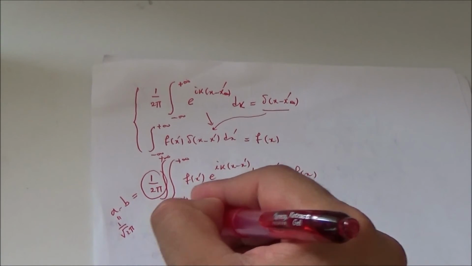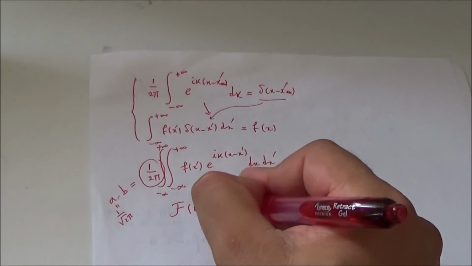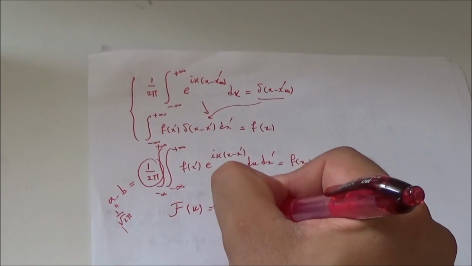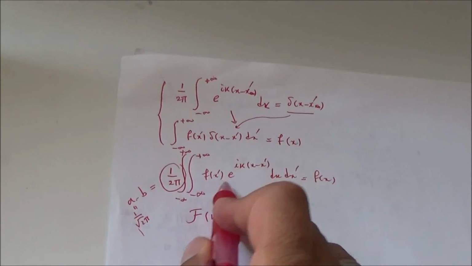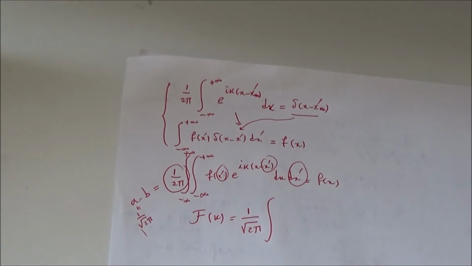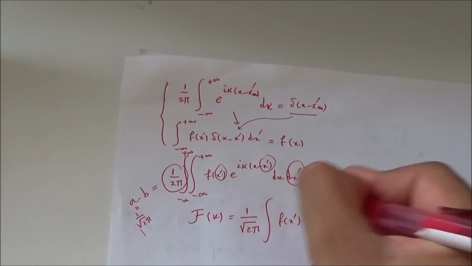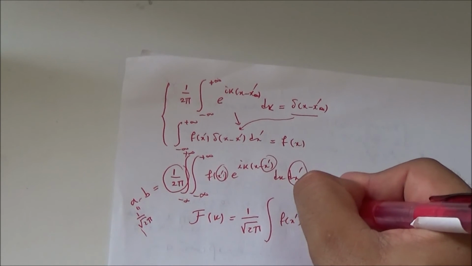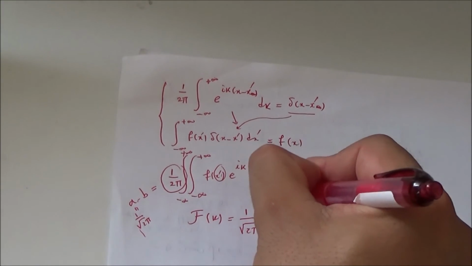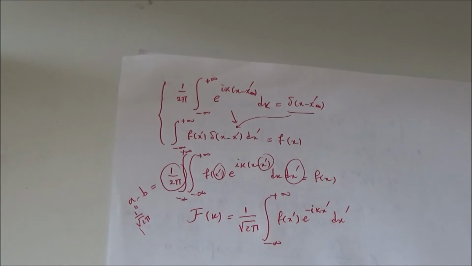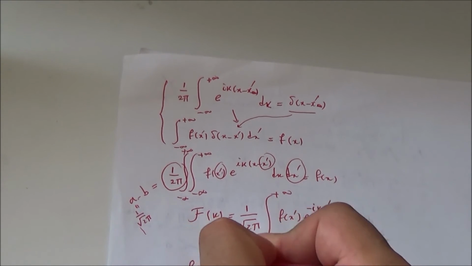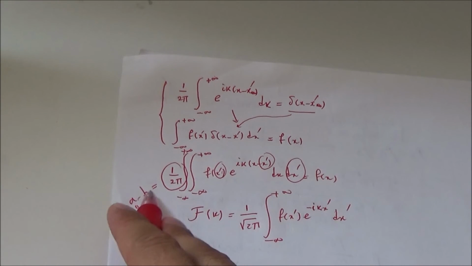And I will define the function f of k as one part, 1 over square root of 2 pi, times all the parts of this integral containing x prime: f of x prime times the exponential of minus ikx prime dx prime from minus infinity to plus infinity.